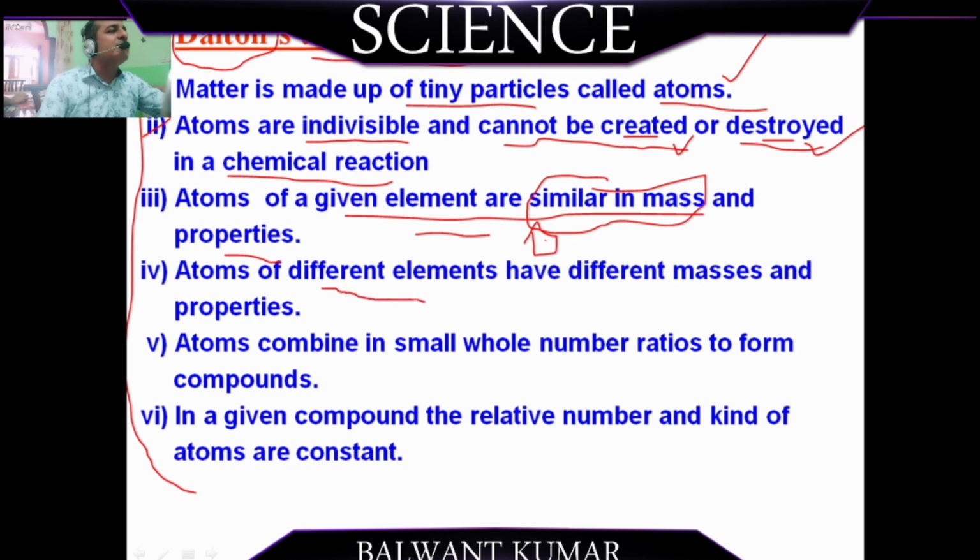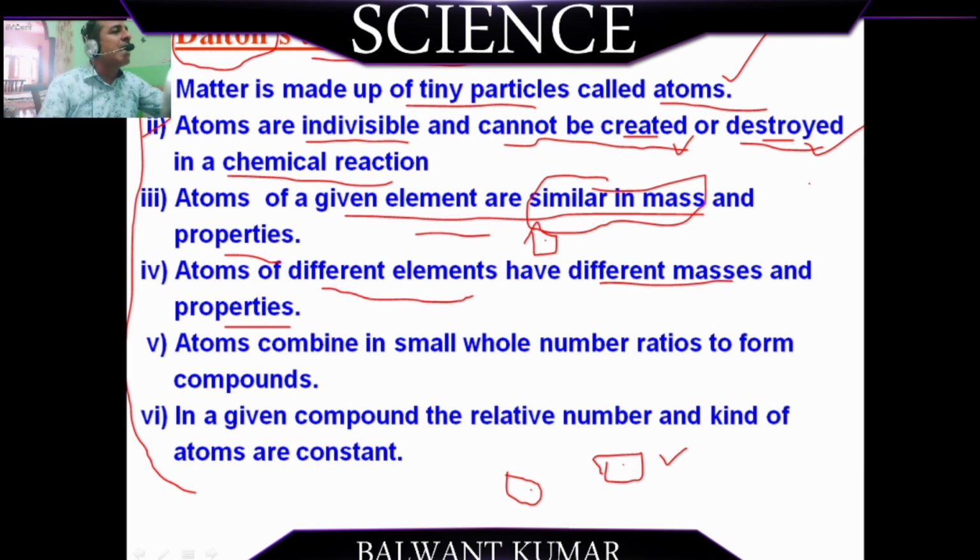Opposite to this, atoms of different elements have different masses and properties. Suppose you have a piece of iron and another piece of aluminium foil in which your mother wraps your chapati. When you study the atoms of these two elements, you will find them absolutely different in masses and properties.